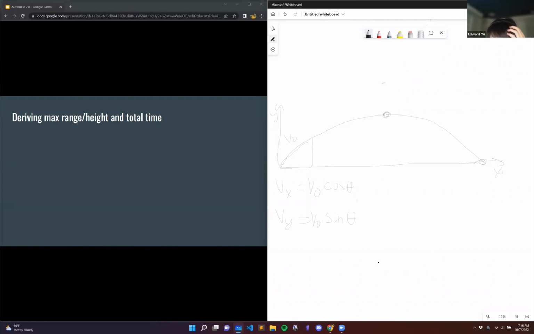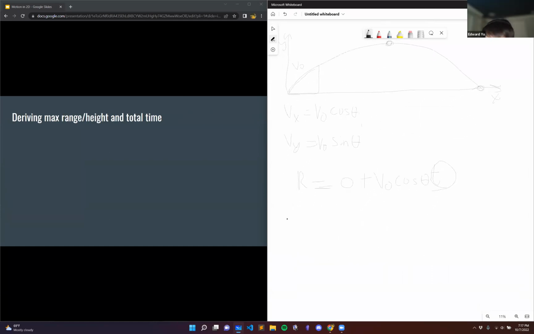The range, known as r, is equal to, since this is my coordinate system, it starts at 0, then plus v cosine theta times t, and that's it. To find the max range, we need to know the time.